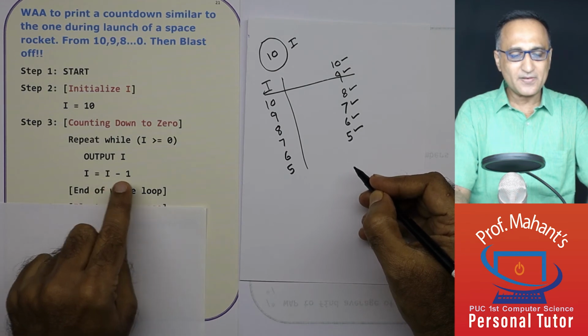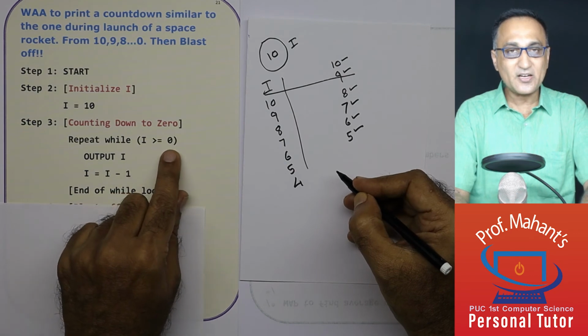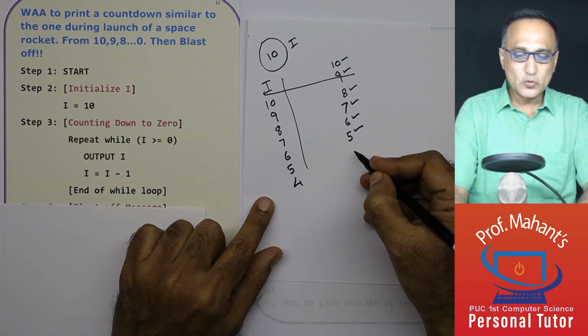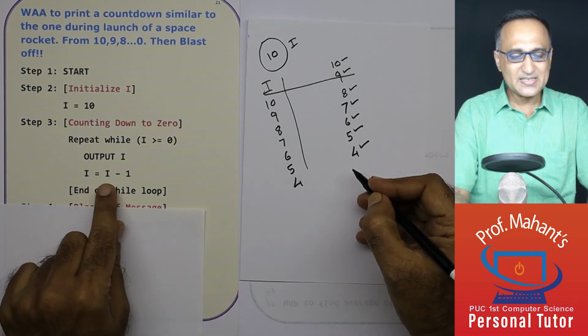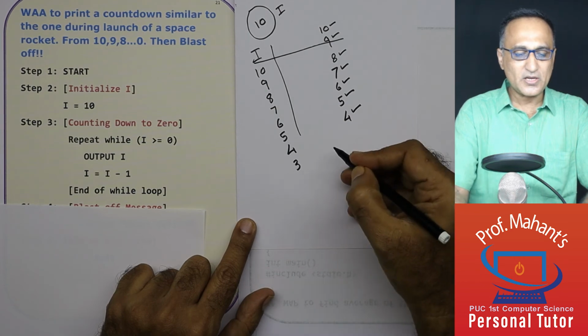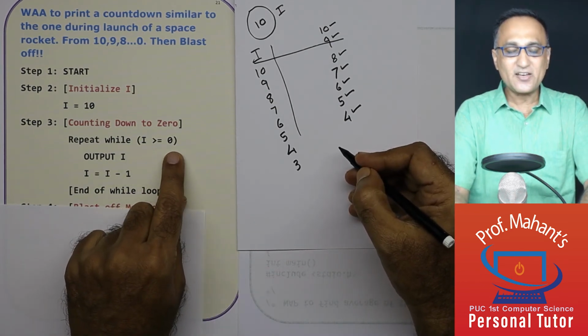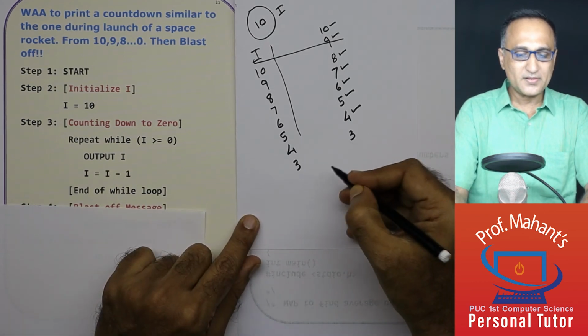I from 5 is reduced by 1 and becomes 4. 4 is still greater than or equal to 0. So I come here and output 4. Next step I is I minus 1. I becomes 3. 3 is still greater than or equal to 0. Output I. It will output 3.